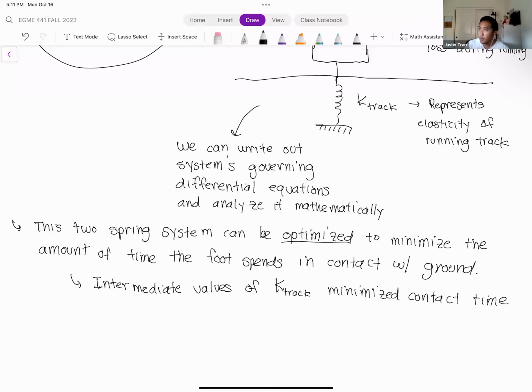Which not only minimizes contact time, but also gives the foot a little bit of energy when it pushes off. Okay, and that's what leads to better performance on these tracks, rather than running on concrete. And running on concrete is usually bad for you anyway, because you're going to end up with a lot of injuries that way.